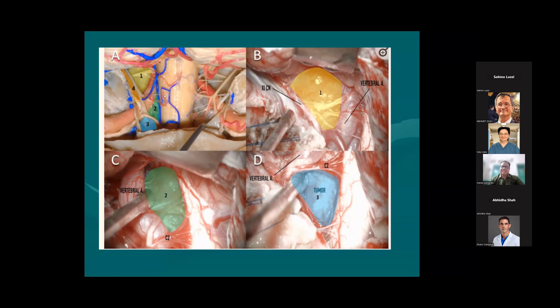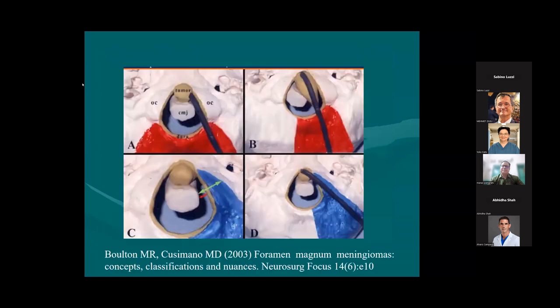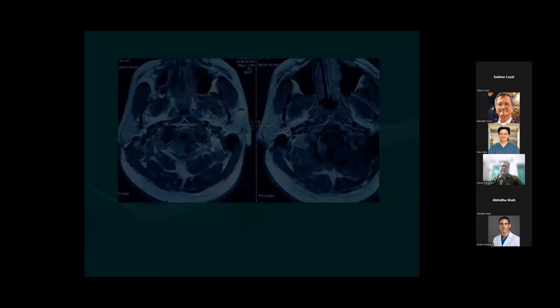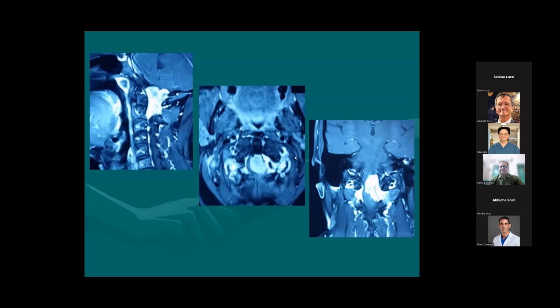Now, this can be visualized by studying the radiology properly. Like this patient, who has a posteriorly and posterolaterally located tumor. This can be done easily through a posterior approach. Like this, again, the tumor is pointing on the surface. So if one does a posterior fossa craniectomy, though the attachment is ventral, the tumor is pointing, pushing the cord.